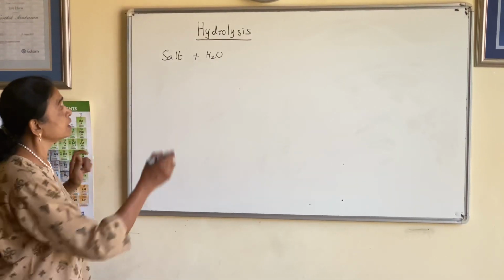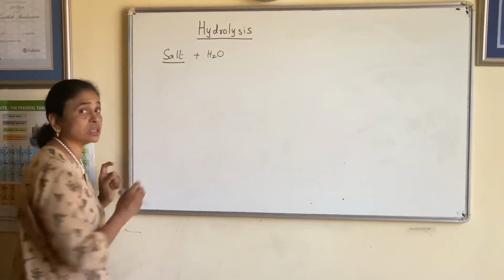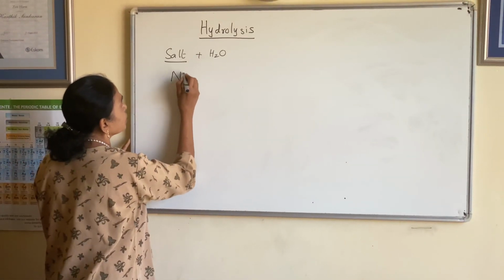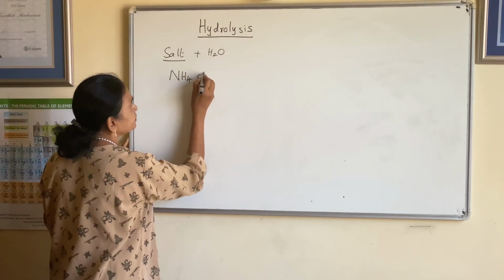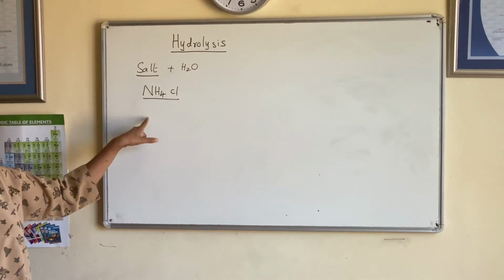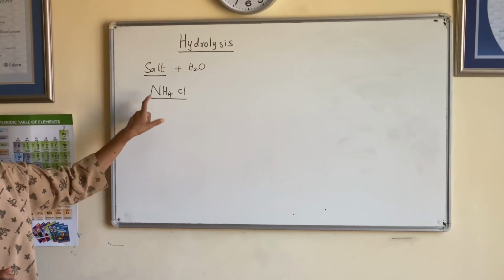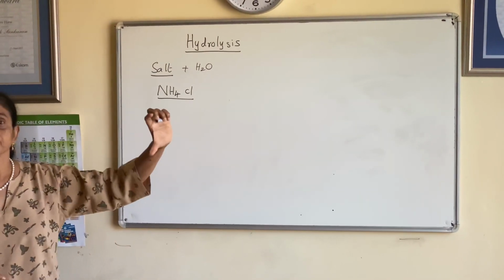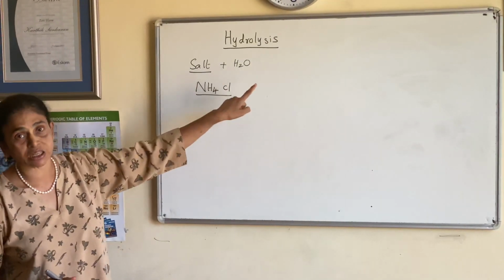Now the salts are all different types. Let's see here, ammonium chloride. You can follow the book, but it doesn't write that equation properly. Please note that down. It is ammonium chloride. Salts are ionic substances. They are made up of positive and negative ions.